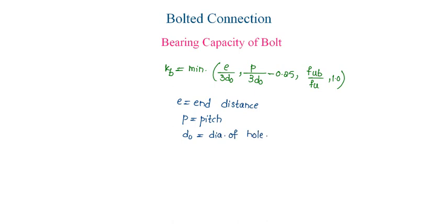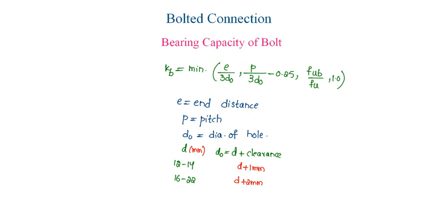d0 is given by the code: d0 is the nominal diameter plus clearance. If the nominal diameter is between 12 to 14 mm, then the clearance is 1 mm. Whereas if the nominal diameter is between 16 to 22 mm, then the clearance is 2 mm.